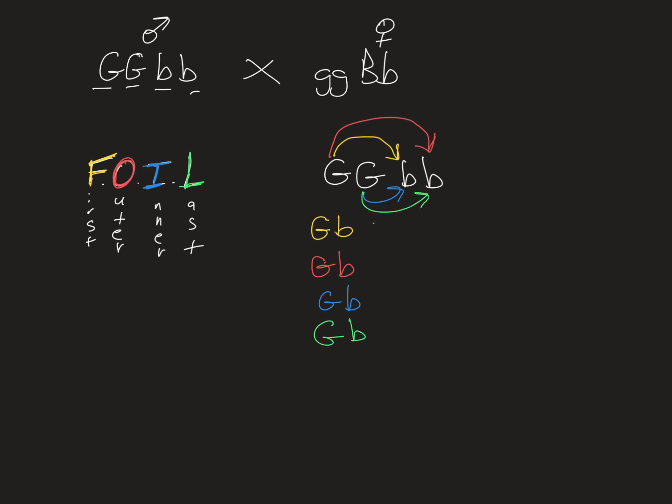So how many different combinations of G and B can this male with this genotype produce? How many different combinations of sperm can this male produce?